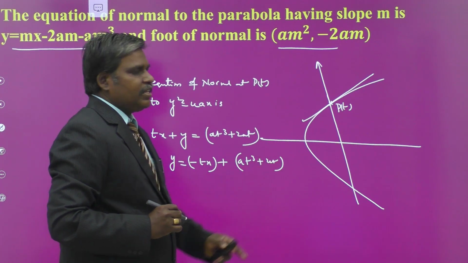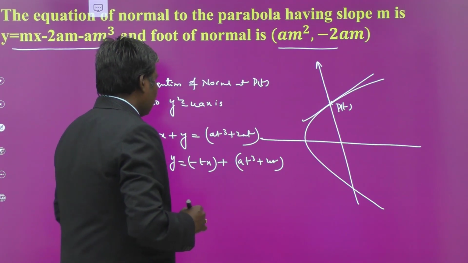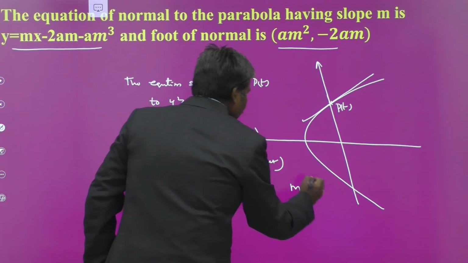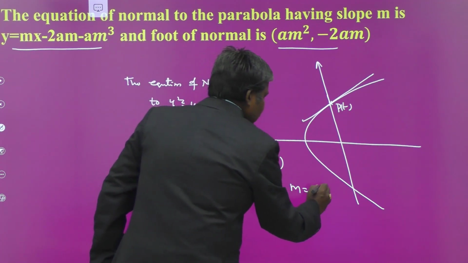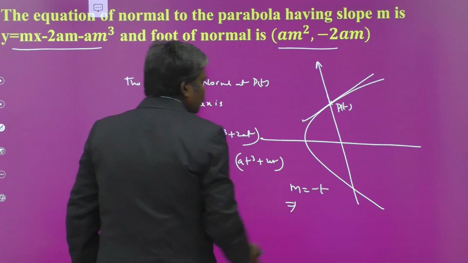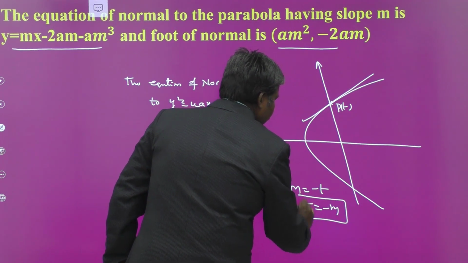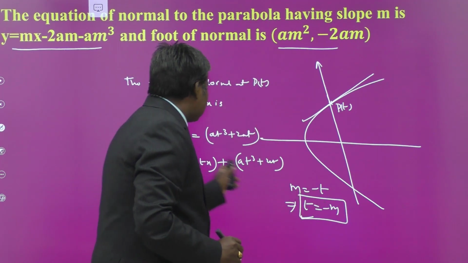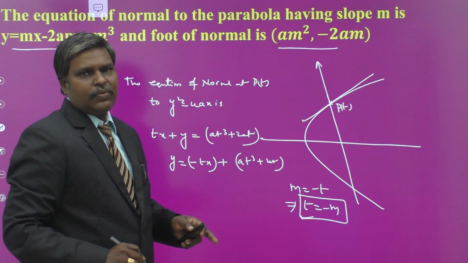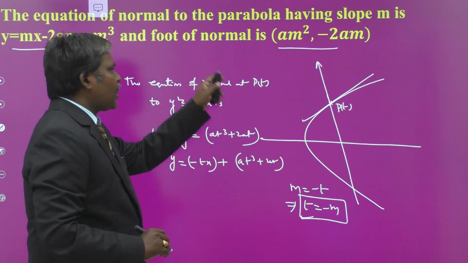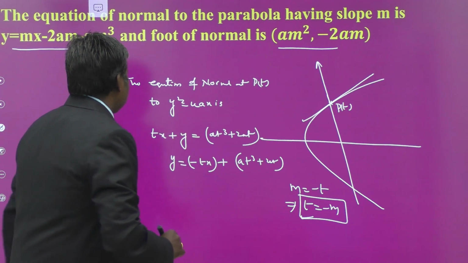This is of the form y is equal to mx plus c. So compare that one. What is the slope, my dear? Slope is equal to minus t. From that m is equal to minus t. So t is nothing but minus m. Replace t by minus m. We obtain the equation of normal to the parabola having slope m.